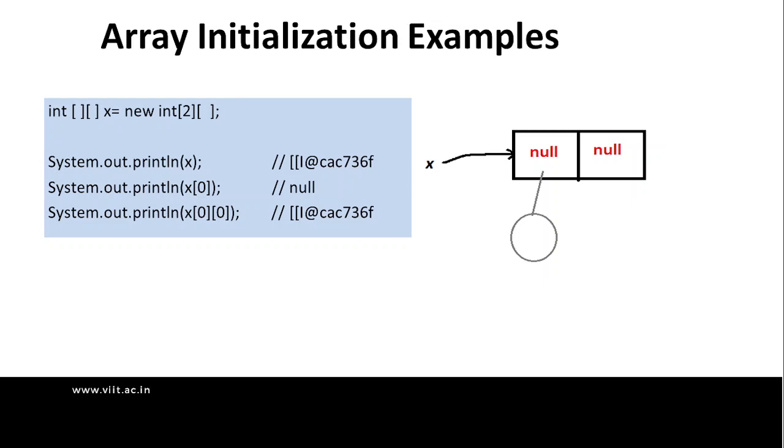In this case, if you try to print using System.out.println(x), you will get the variable location value, something like this. If you print System.out.println(x[0]), you will get null, and also System.out.println(x[1]), again you will get a null value at that location.